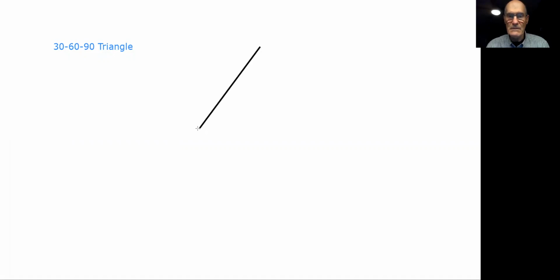We'll draw ourselves an equilateral triangle, and we will label this triangle ABC. So this would be angle A, this would be angle B, and this would be angle C.